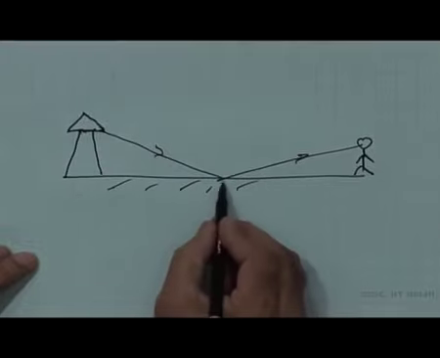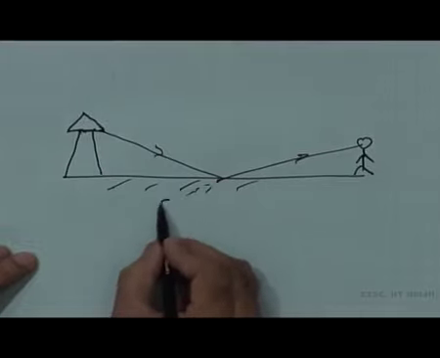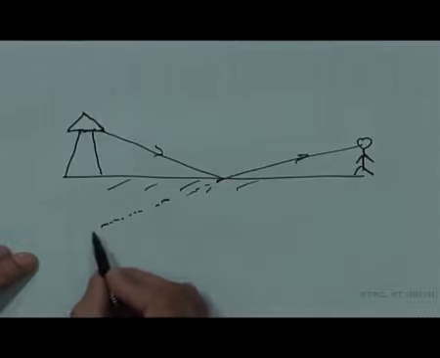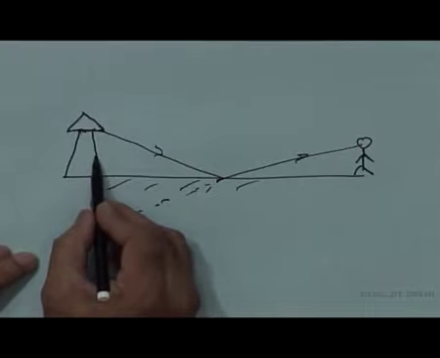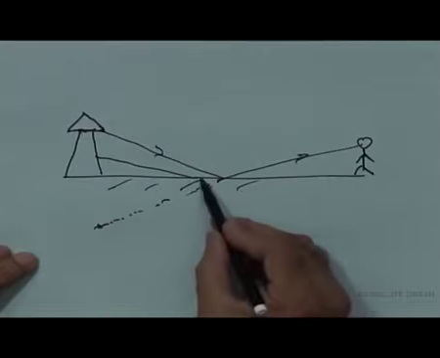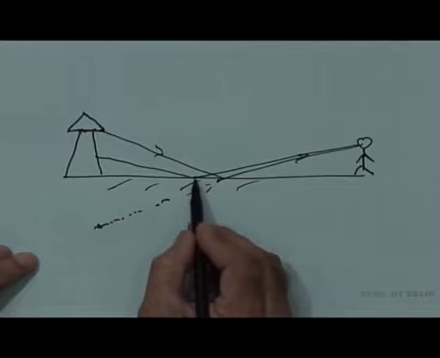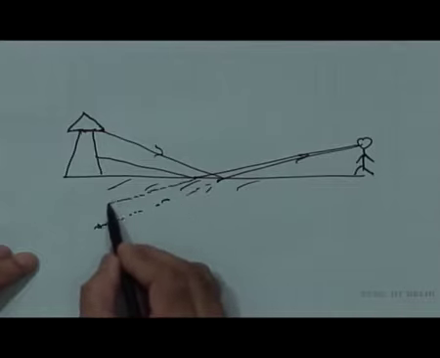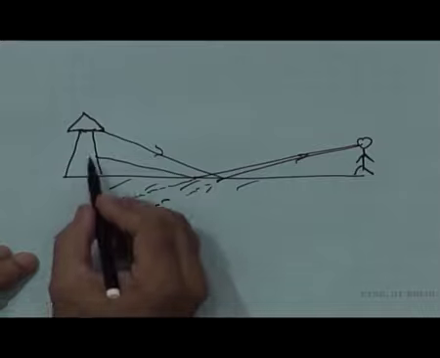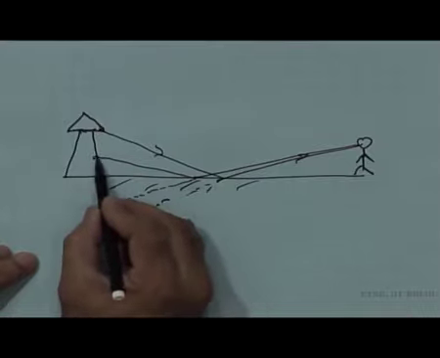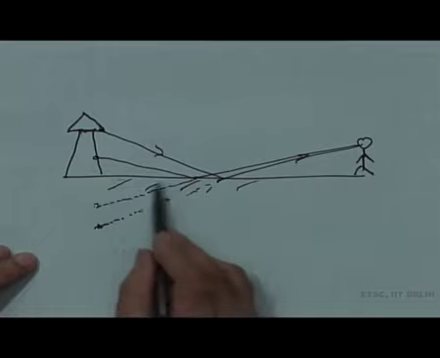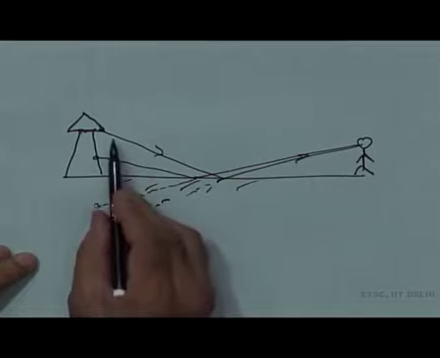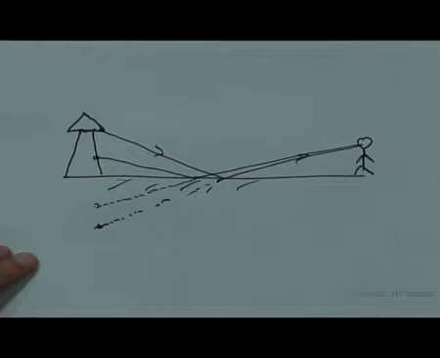Then he would have seen as if the ray has come from a point here. If I pick up another ray, then this ray would hit some point and would get reflected, and he would see as if the point is here, the object point. This is the object point, this is another object point, but they are now visible here if this was a mirror. But these are all straight line paths.